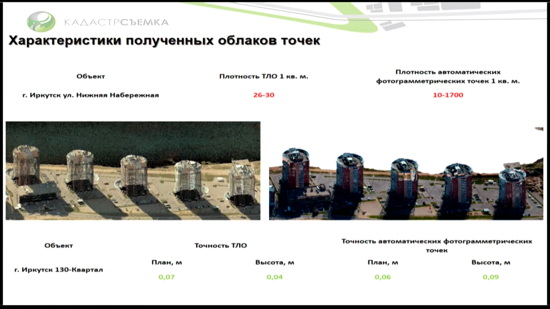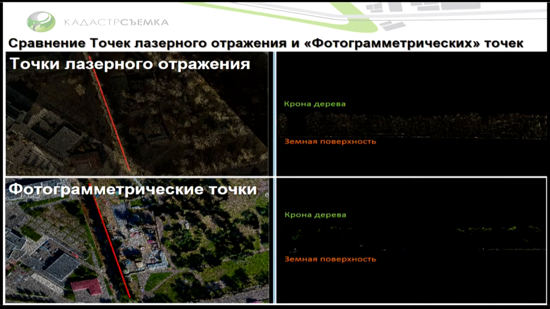This uneven density has to do with the processing technology. The absolute accuracy, according to laser scanning, is 7 centimeter, and in automatic mode 6 centimeter in plan and 9 centimeter in height.